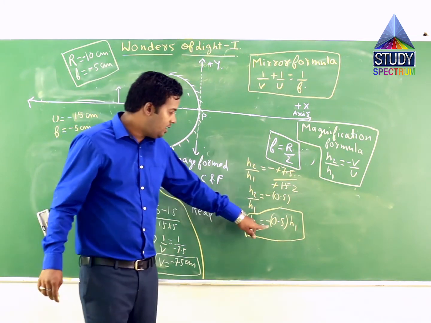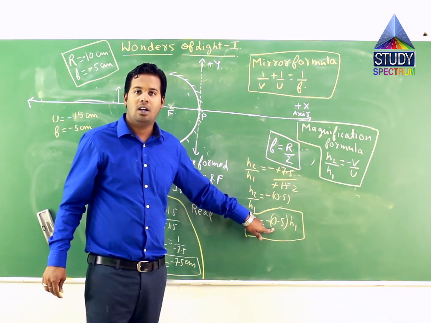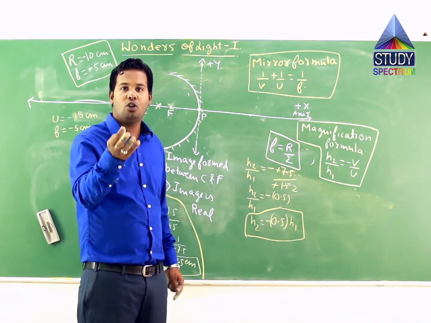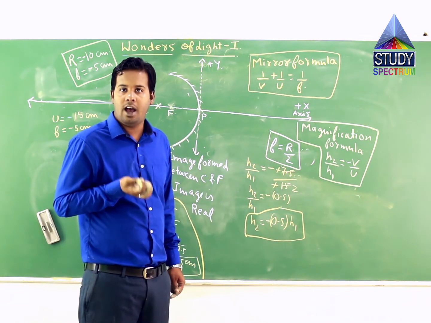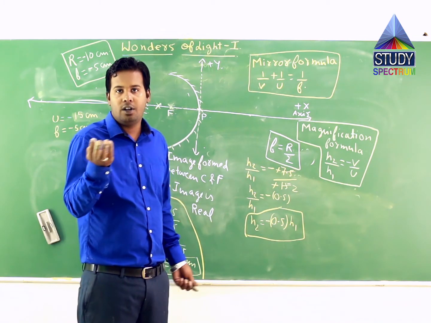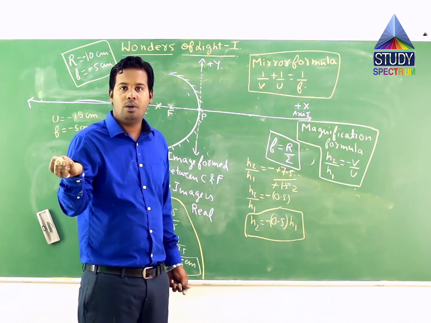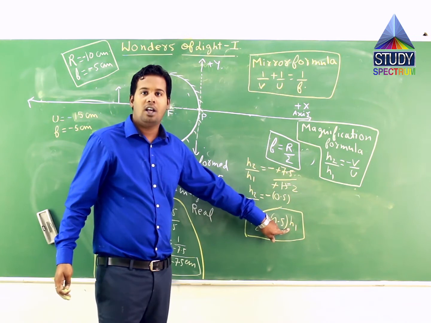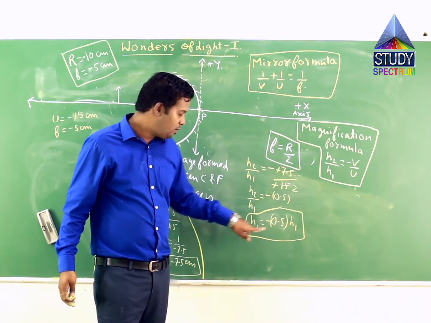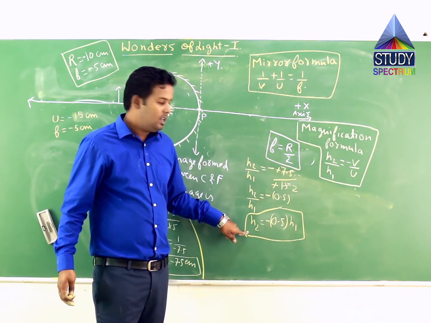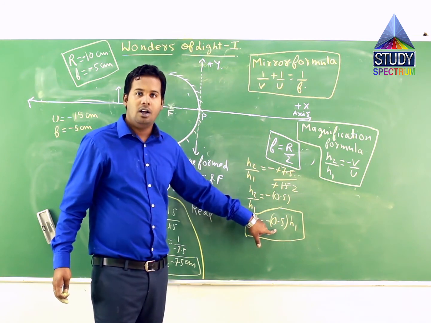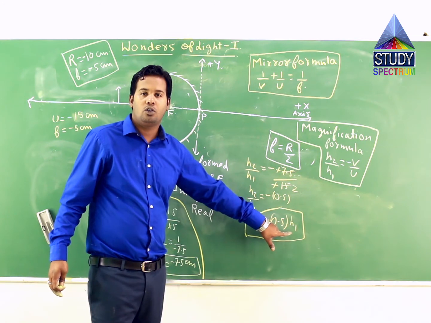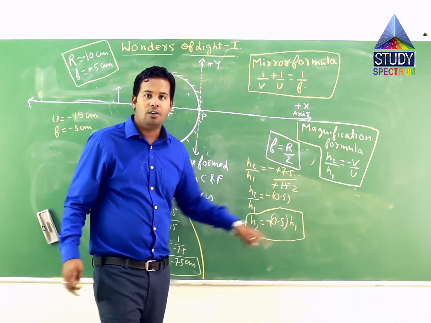Now you would appreciate this multiplying factor is less than 1. So if I have 100 rupees and you have 0.5 times what I have, then you should have 50 rupees. So the output comes to be less than the input. Here the input is the height of object, output is height of image.